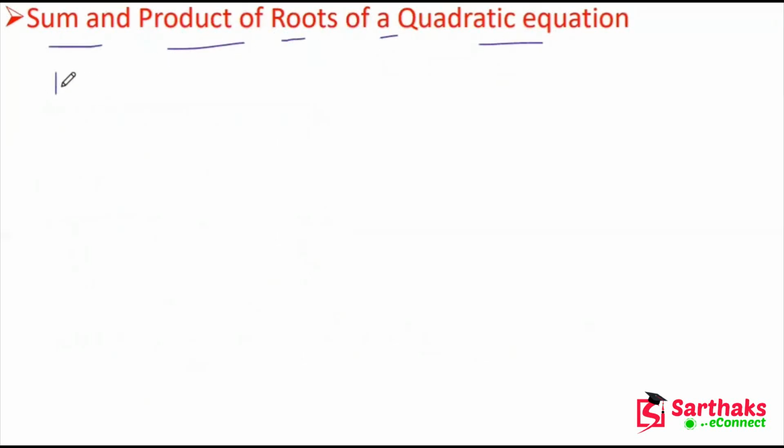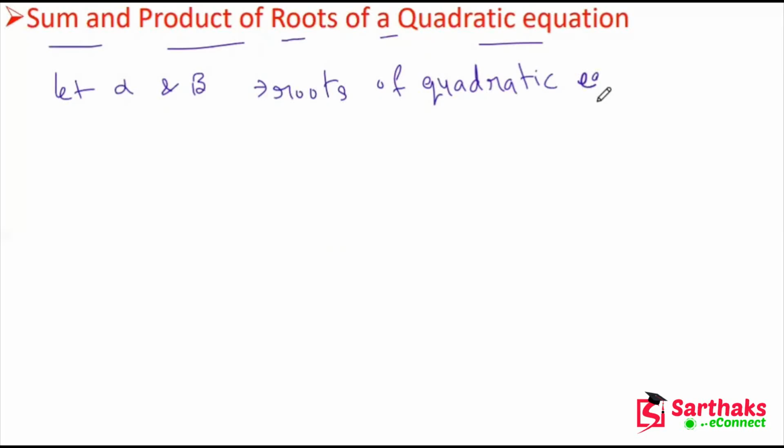Let alpha and beta be the roots of the quadratic equation ax square plus bx plus c is equal to 0.